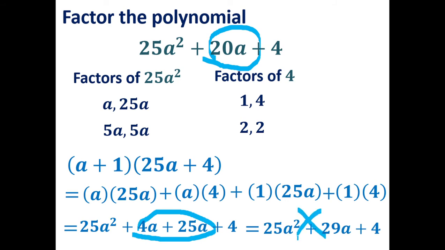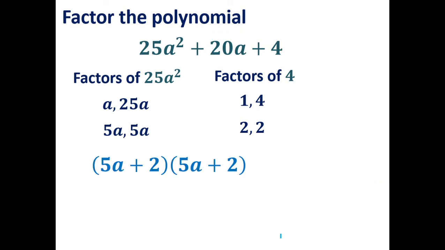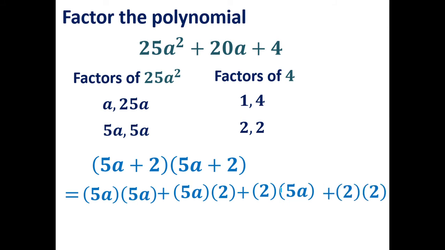Next factor ang gamitin natin. Yan. 5a, 5a. Using the FOIL method. Kasi, di ba, una, multiply to, outer, inner, last. O, gusto mo baguhin natin ang kulay para makita mo. Red, gamitin natin ang red.